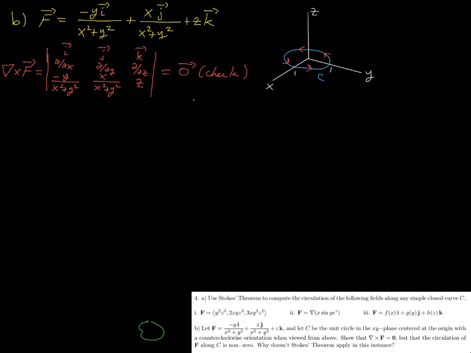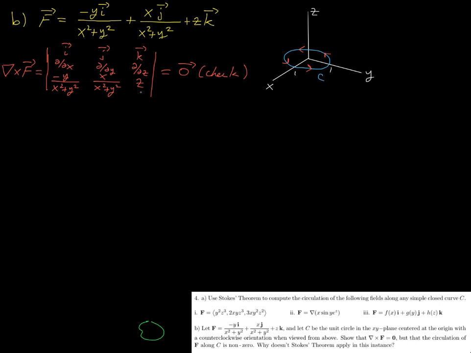For the i and the j components, the fact that those are both 0 is really immediate. For the i component, for example, I'm taking the y derivative of z, well, that's 0, and then I'm going to take the z derivative of this quantity that depends only on x and y, so that's 0. And so that difference for the i component is 0, and likewise for j.